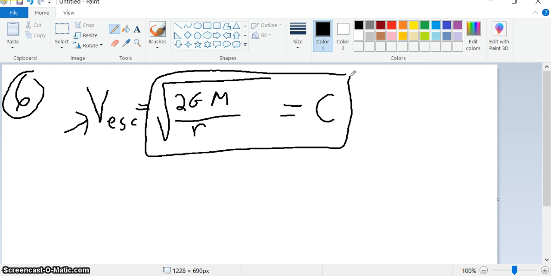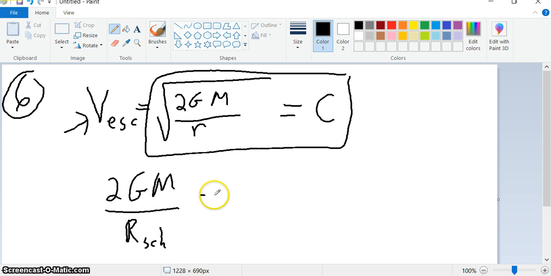Square both sides of the equation, and you get 2GM over r, and I'm going to now make it a capital R and call it r Schwarz, equal to, notice this, since I had to square both sides, the speed of light squared.